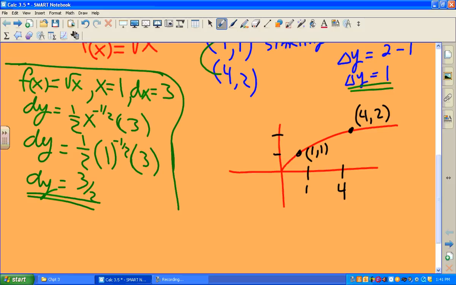So the actual change in y you found was y2 minus y1. You just took the y values and subtracted them, correct? And the actual change in x was the same as the differential in x. In one you subtracted, 4 minus 1 got 3, and the other one, you're given the change in x.